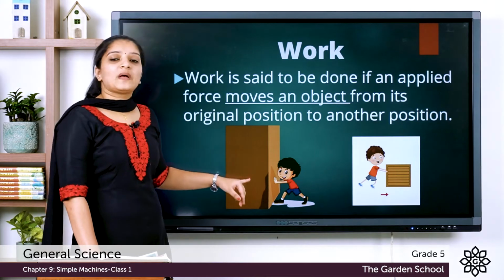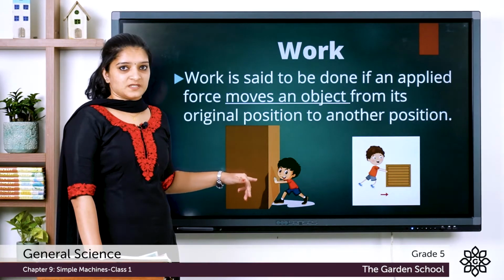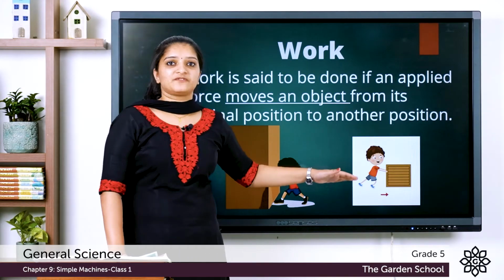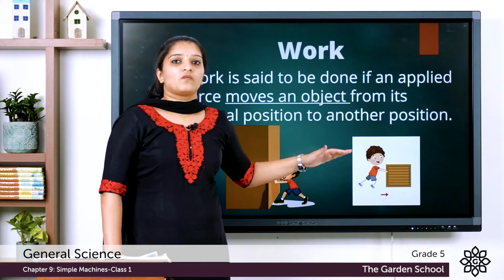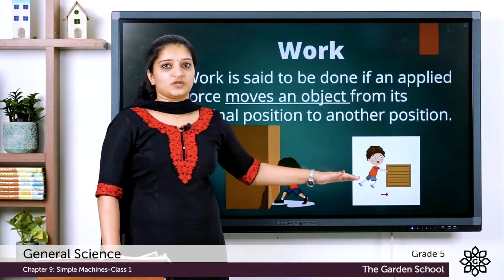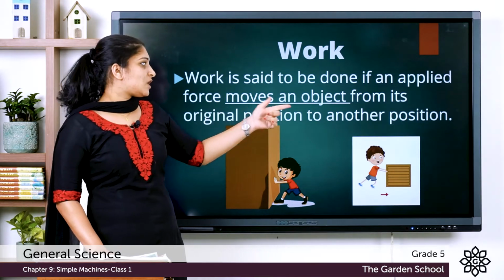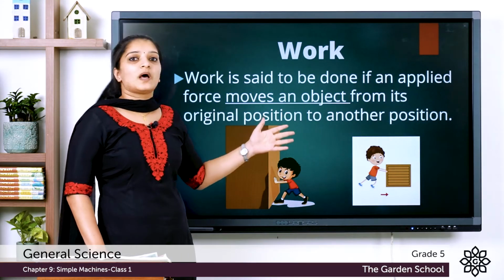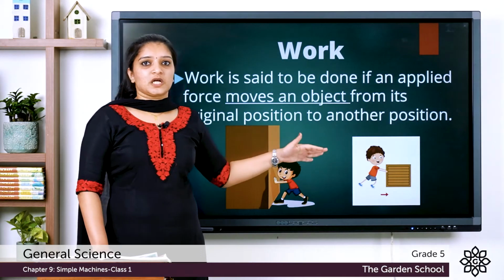No matter how much force the child applies, the wall is not displaced. But in the second case, if the child applies the force to the box, it gets displaced. So, work is done only in the second situation. So, work is said to be done if an applied force moves an object from its original position to another position. The example is pushing a wall and pushing a box.